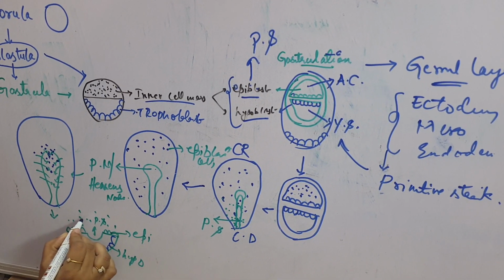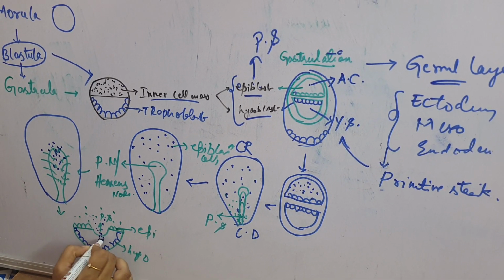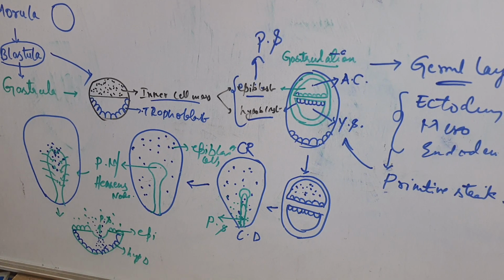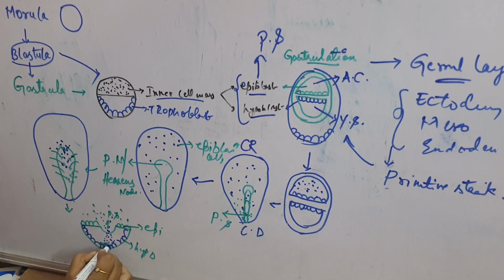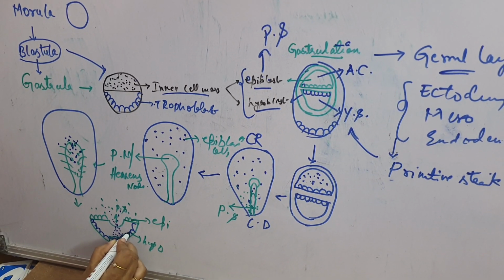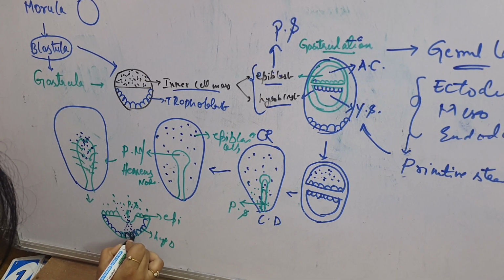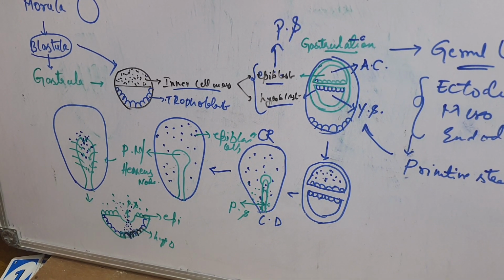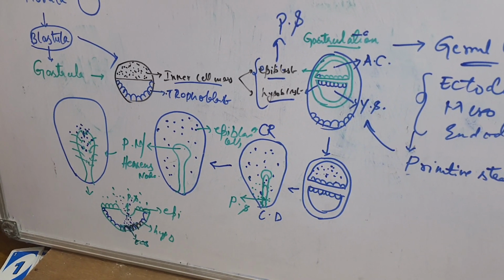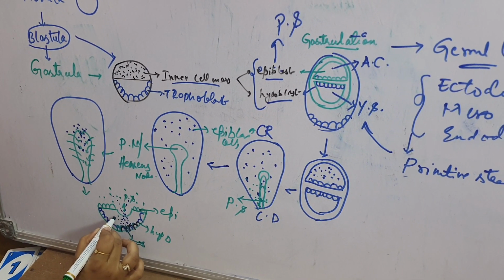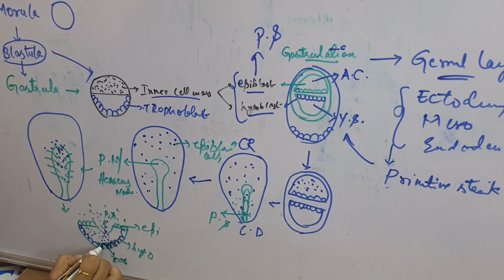So same here, these epiblast cells will invaginate, and slowly they will replace the cells of the hypoblast into endoderm. So they will replace the cells into what cells? Endoderm. So that's how your lowermost layer called endoderm is formed. Now, the remaining cells will occupy the space that is present between the epiblast and the endoderm.